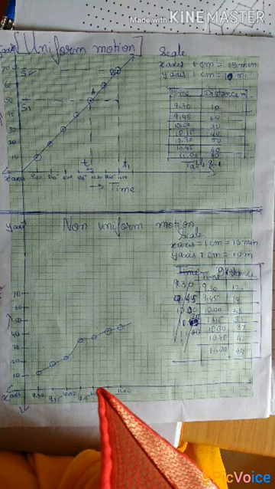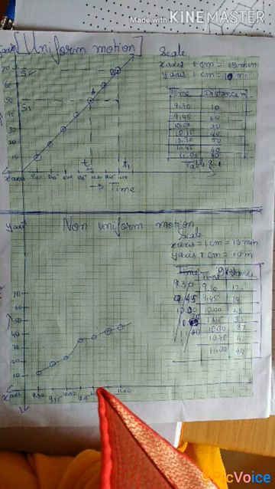Over here, to explain to you, I have taken one example. In your textbook, page number 100, table 8.1, they have given a table in which time is given, distance is given for object A and distance for object B.